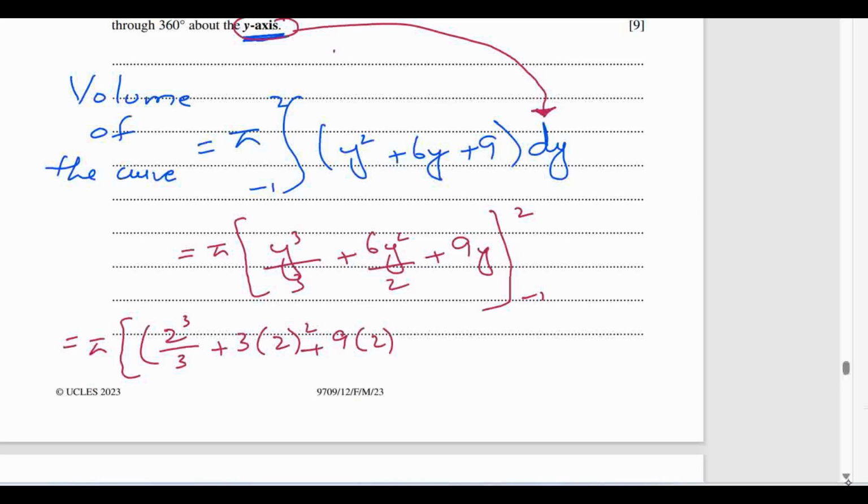This will be the upper limit minus lower limit. The lower limit will be -1 cube divided by 3 plus 3 into -1 square plus 9 into -1.